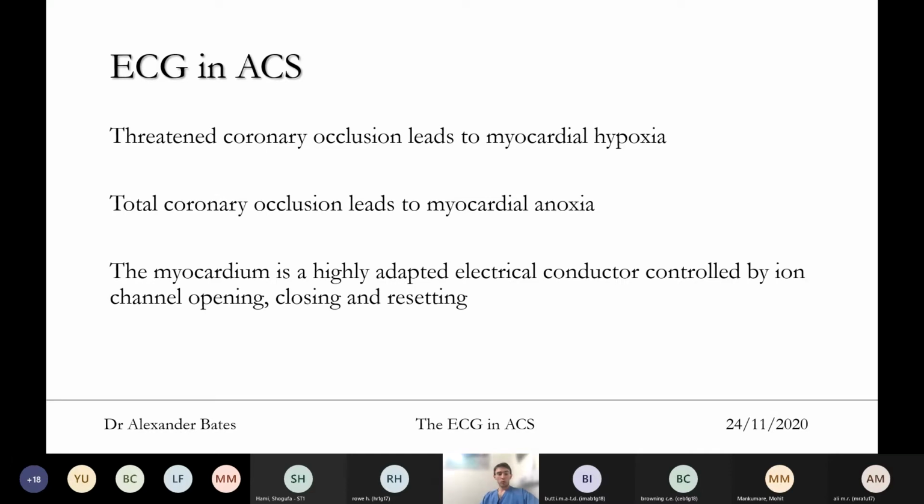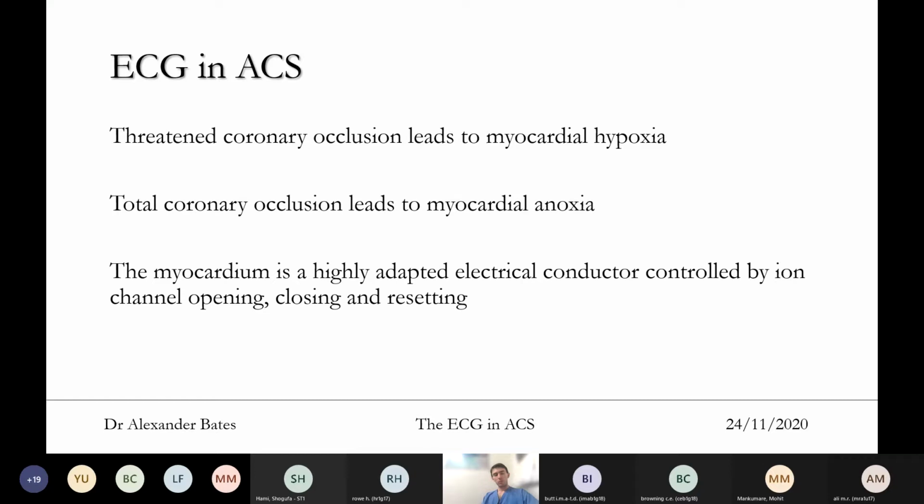Now, of course, what we covered two weeks ago was that the heart is a very highly adapted electrical conductor controlled by a catalogue of different ion channels, which help the depolarization and the repolarization of the heart, and everything happens in a beautifully synchronized fashion.